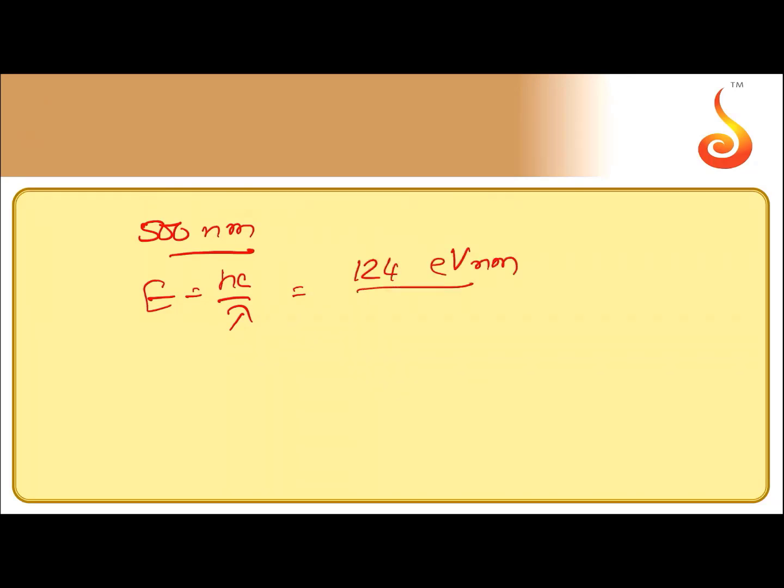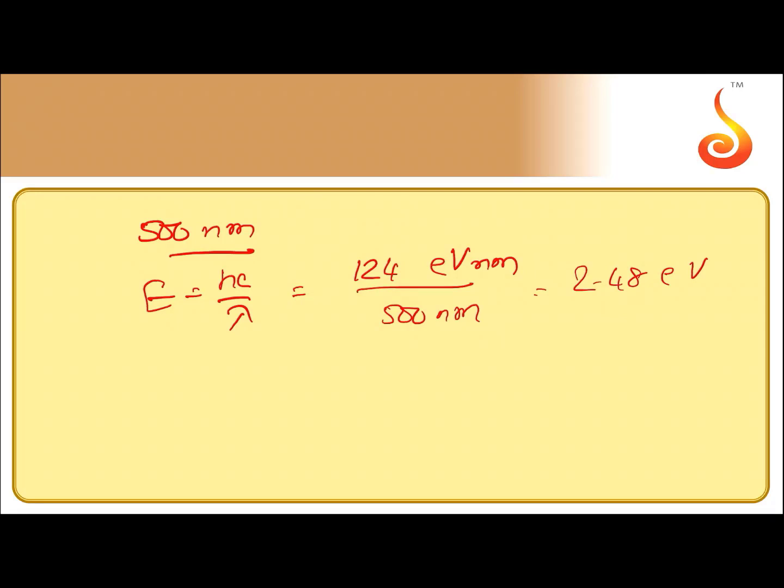Okay, the energy of a photon of wavelength 500 nanometer is E is equal to hc by lambda, that is 1242 electron volt nanometer divided by 500 nanometer, and this is 2.48 electron volts.